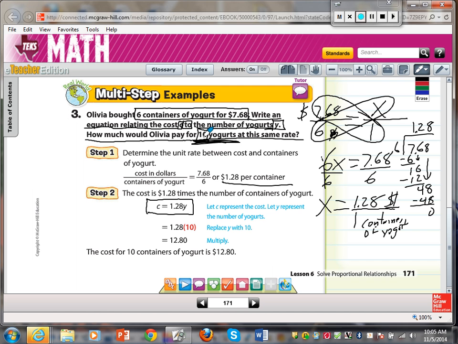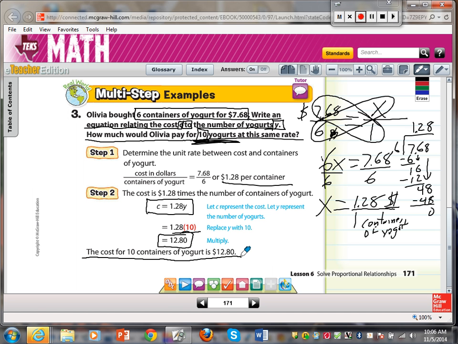If they ask you for 20 yogurts, 100 yogurts, 1,000,000 yogurts, you would just substitute that value into here and you would get the total cost for that amount. So in this case, for 10 yogurts, the cost would be $12.80. And then you put it back into English form. The cost for 10 containers of yogurt is $12.80.